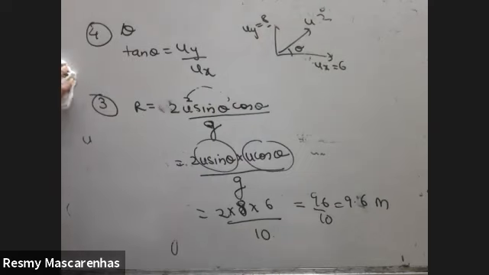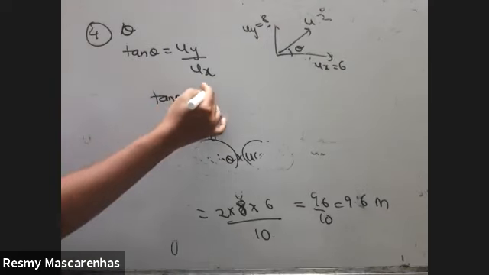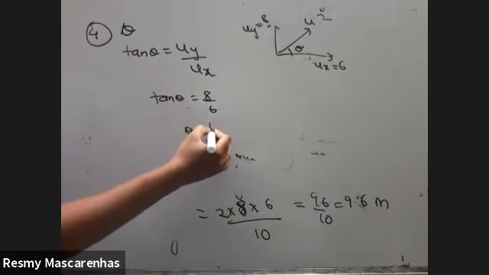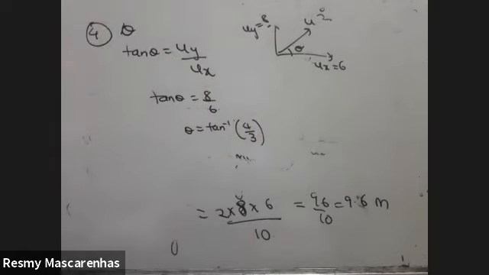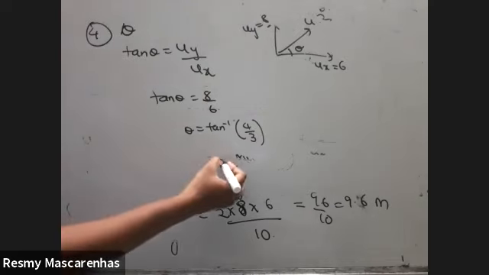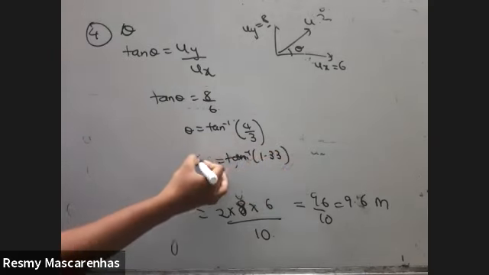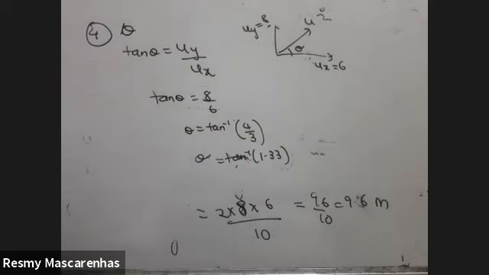So tan theta will be 8 by 6. So theta will be around 53 degree.